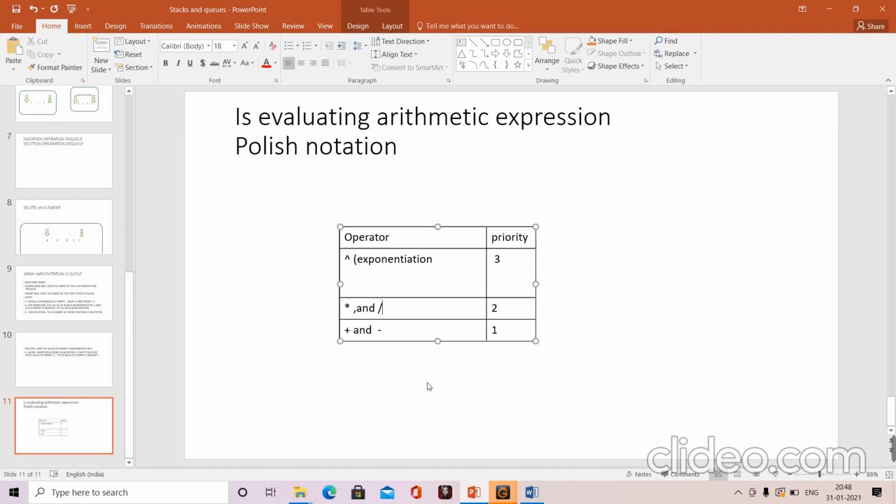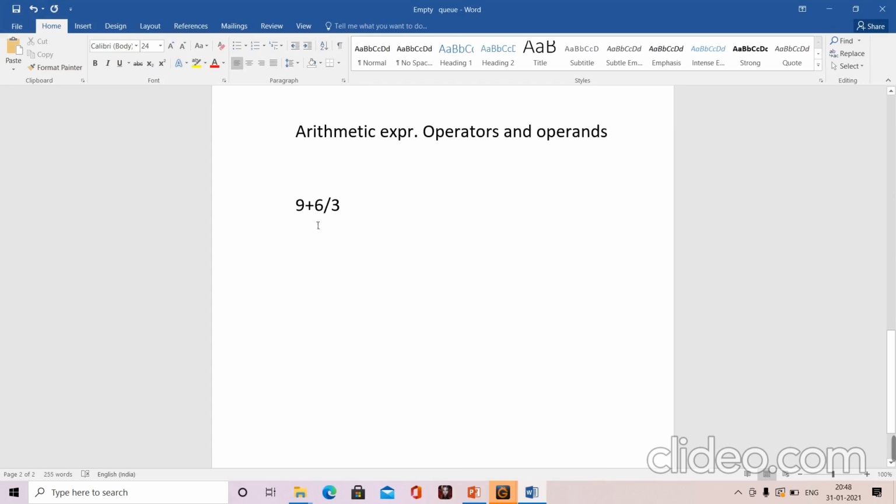Now if we apply these precedence rules to our given example, 9 plus 6 divided by 3, then we can see that division should be performed before the addition. But this one has numeric constants.